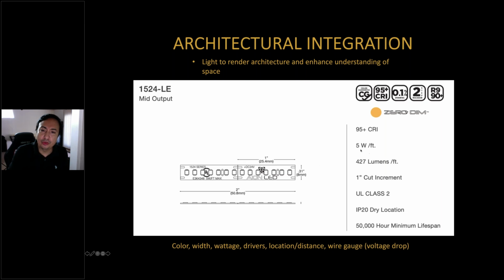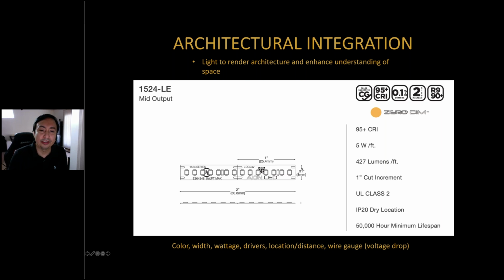You want to pay attention to the wattage per foot and the number of lumens per foot, because that is going to determine how bright the area is going to be, how much dimming you're going to have to do, and it's also going to tell you a lot about the type of drivers, the electronics that you're going to be using to power these elements.